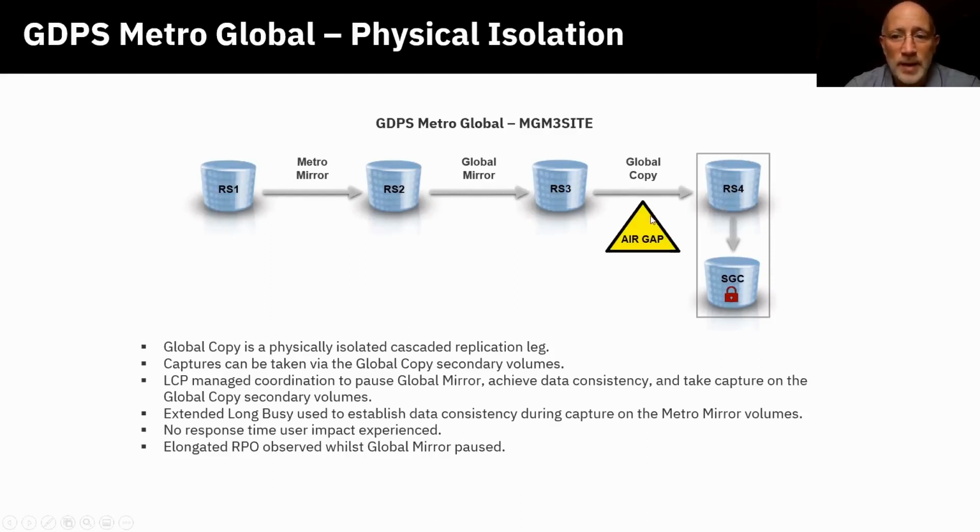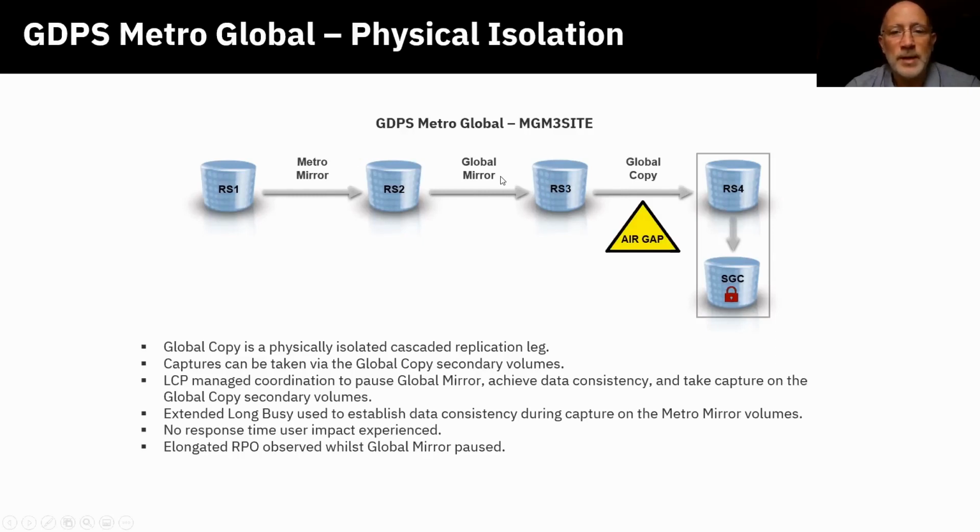So again, physically isolated. With this approach, there's no impact on the Metro leg, and there is a small RPO elongation as we pause GM to take the copy, to establish data consistency for the copy into the cyber vault.